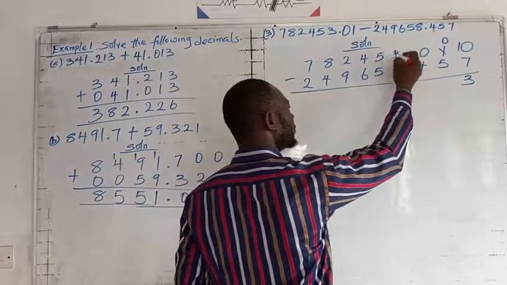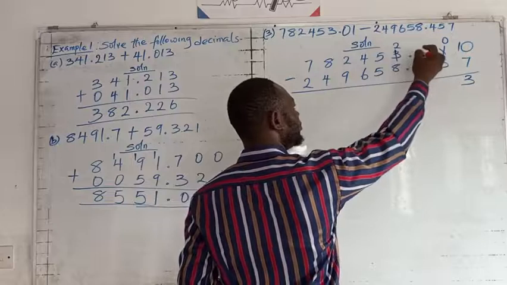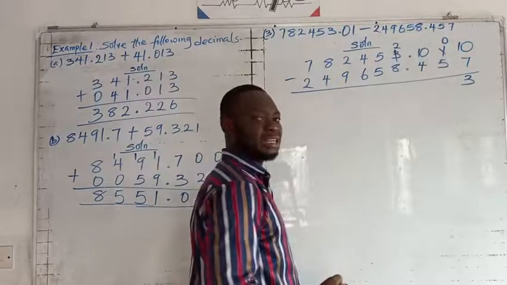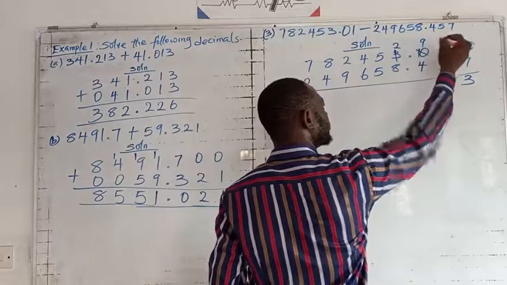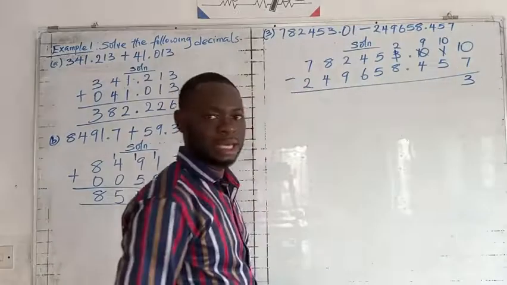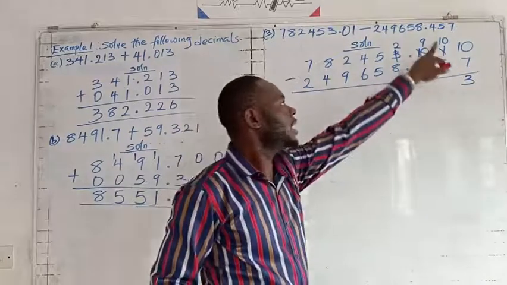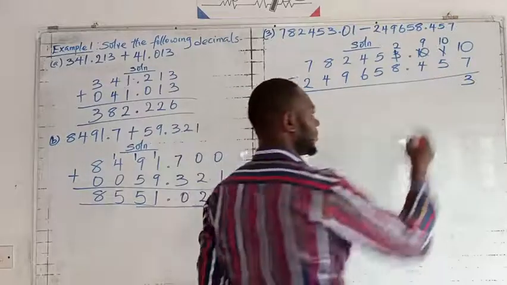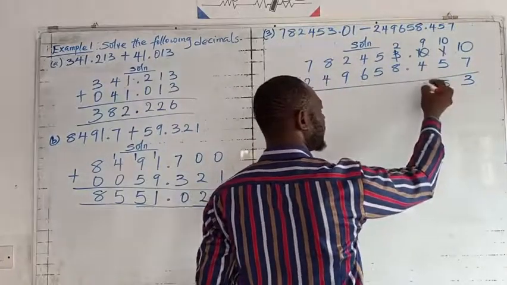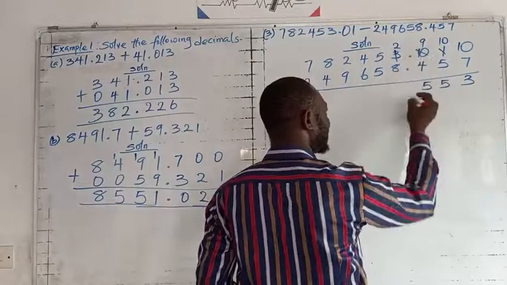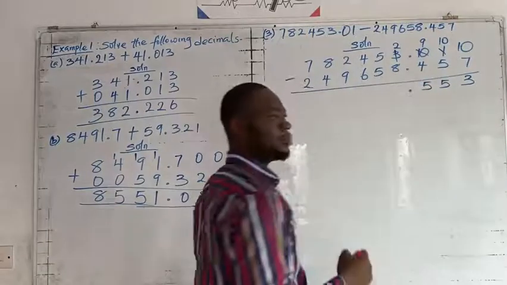So we borrow 1 from 3, 2 remains, we put that 1 here, becomes 10, right? We borrow 1 from 10, 9 remains, we put that 1 here, becomes 10. 10 minus 5, 5. 9 minus 4, 5. Bring down your decimal point.